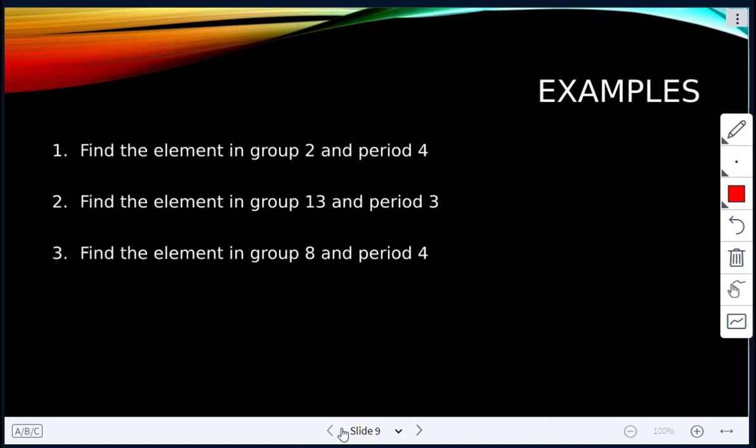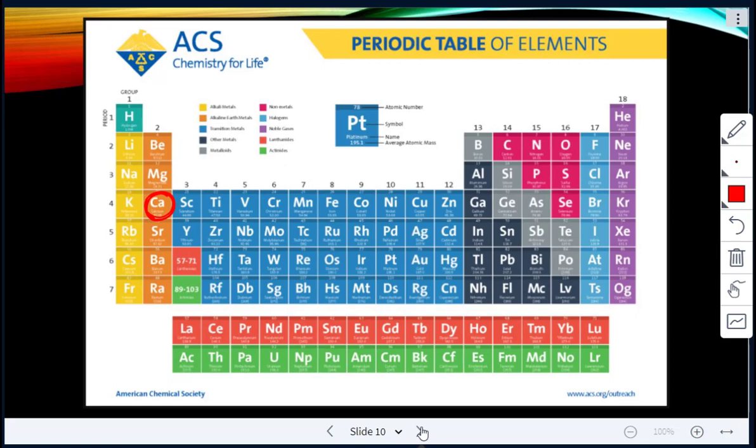Next example, find the element in group 13 and period 3. Group 13, period 3. Remember to count here, 1, 2, 3. Yes, it would be aluminum.